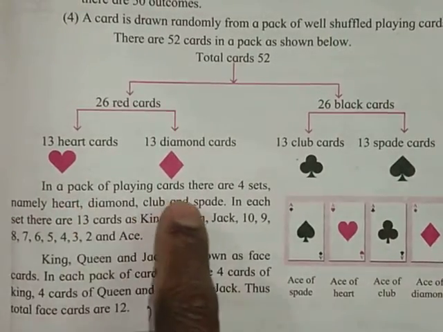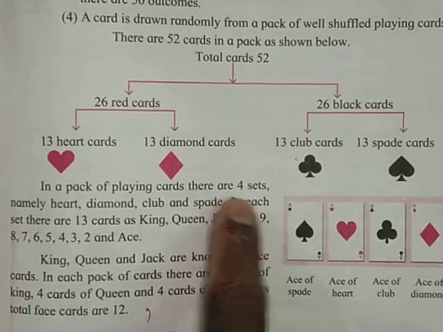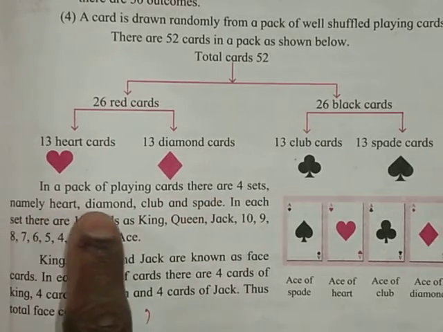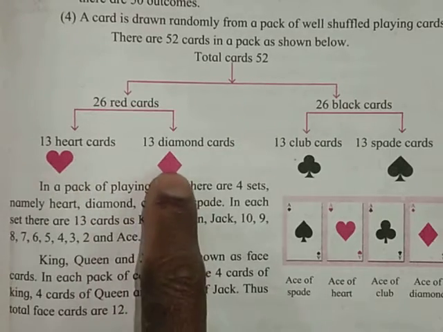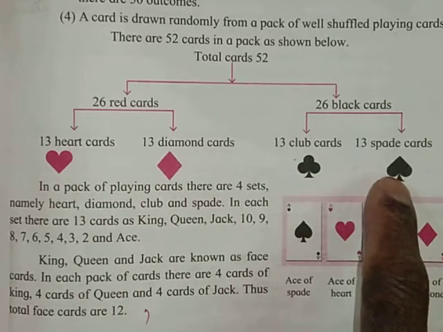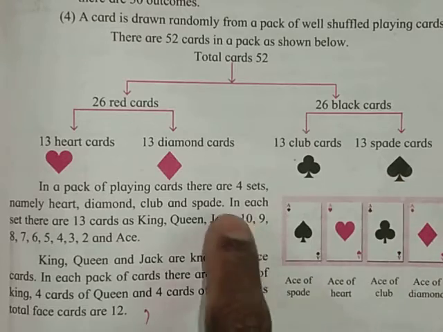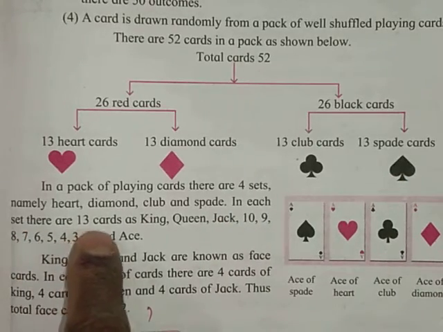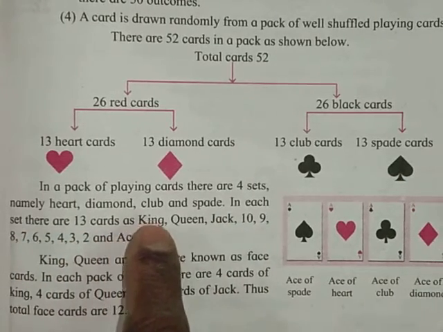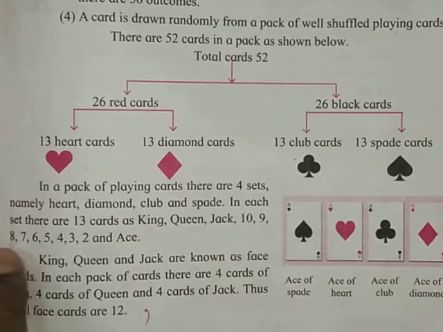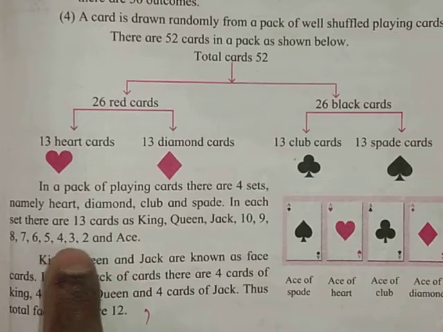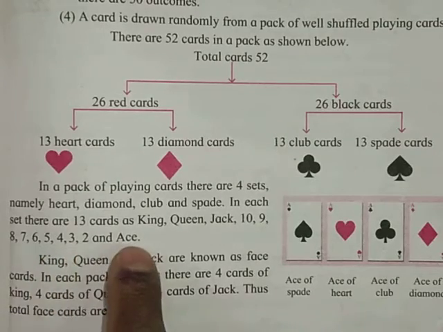In a pack of playing cards there are 4 sets, namely heart, diamond, club and spade. In each set there are 13 cards: king, queen, jack, 10, 9, 8, 7, 6, 5, 4, 3, 2 and ace.